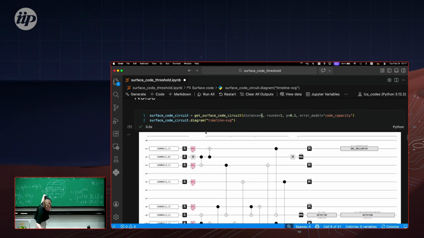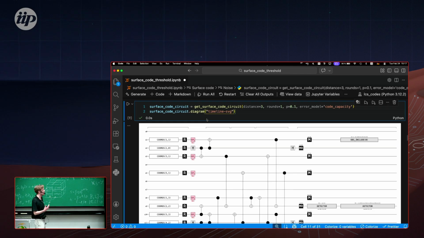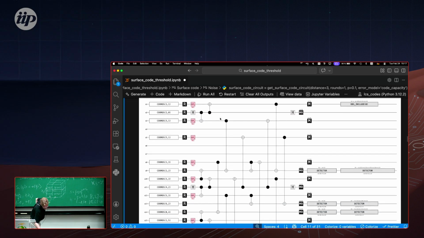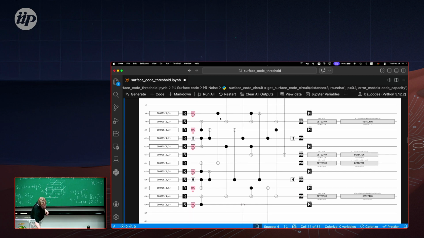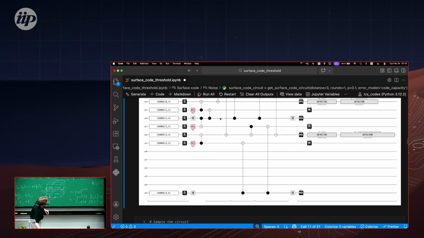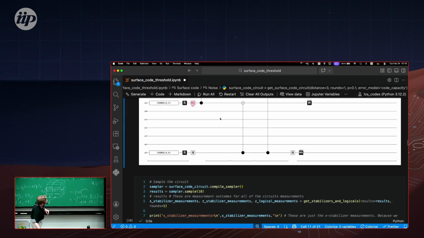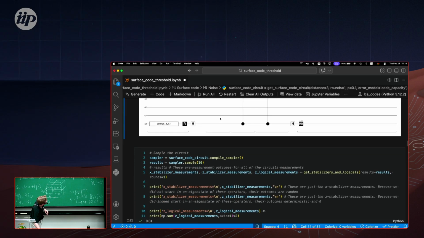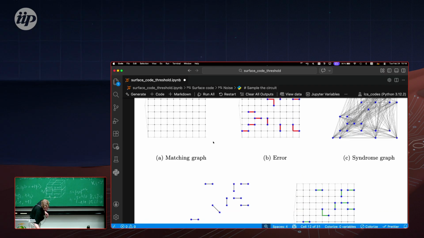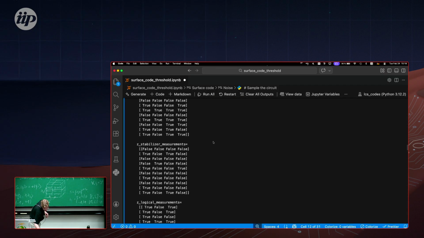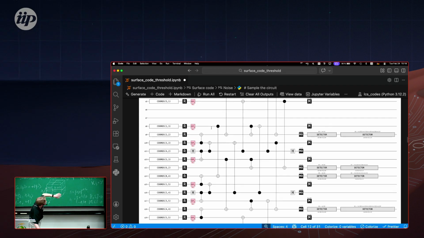Now we will put some noise in the same way that we did before. So here I put 1 round of noise just before I measure those stabilizers. And what I will now do is sample this circuit, so I just sample different errors from the circuit.